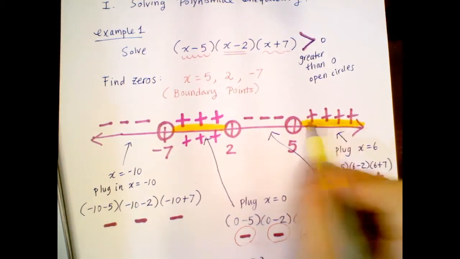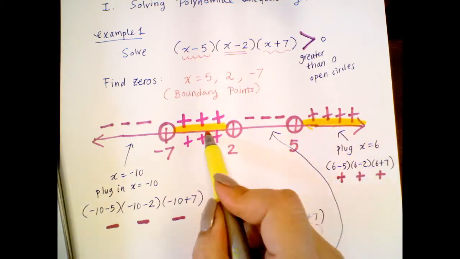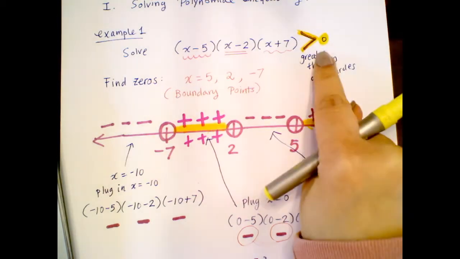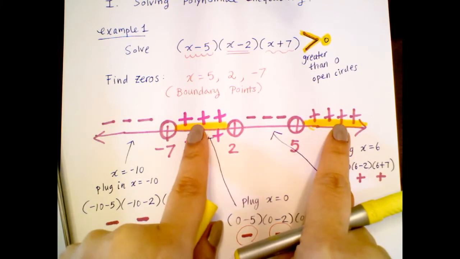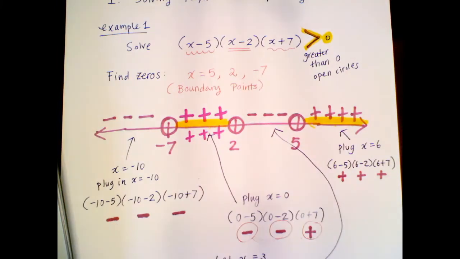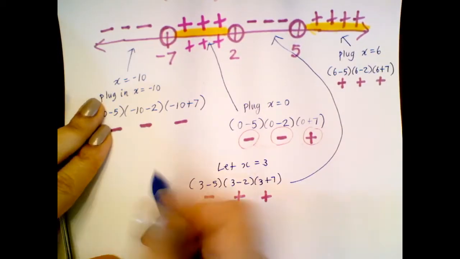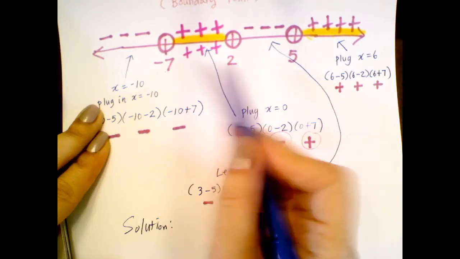Now take a look. I just have these two intervals highlighted with my yellow Sharpie because I'm looking for something greater than 0. Greater than 0 means positive number. So these are the ones that came out positive. So let me write my solution, okay? So here's how I write the solution in interval notation. The first region or interval is from -7 to 2.